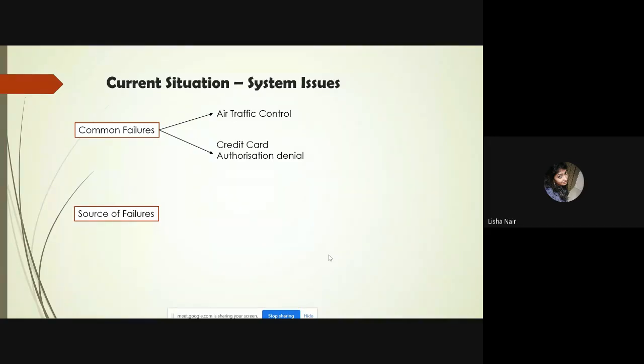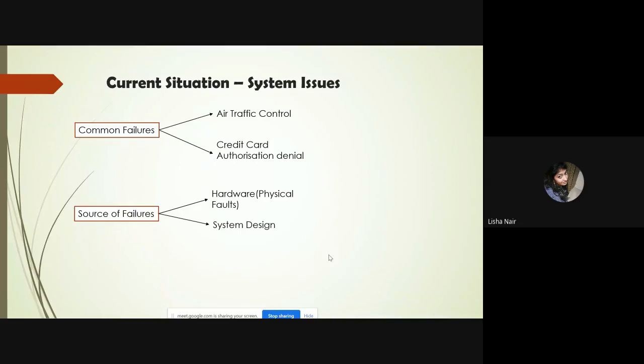If you want to see it on a day-to-day basis, even credit card authorization denial is a common failure in an embedded system. What are the sources of failures? It's basically because of a hardware failure, some fault, some wiring connection, some circuit disconnect, something of that sort. We don't say that it will definitely be the software, but it could be because of the connections or the links associated, or even the system design.